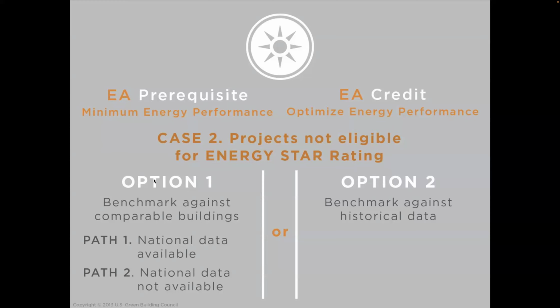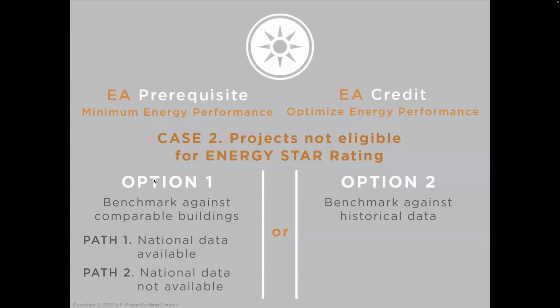So they give you different ways to make sure you're benchmarking against similar buildings. Again, I don't really know of a project where you have to use historical data. I guess what they could do is say, if you have a bunch of warehouses in your area, you can benchmark against them, but I'm not sure how you would get their data or agree to get your data. But they still give you that option just in case you need it.